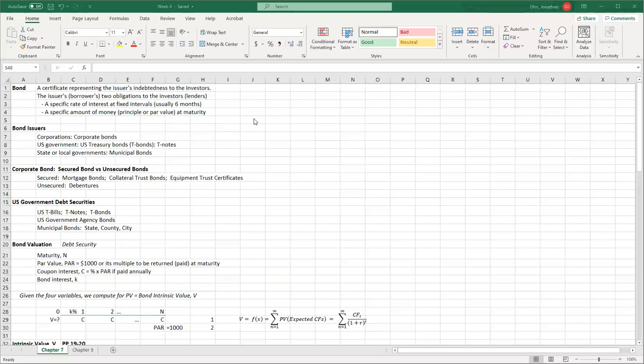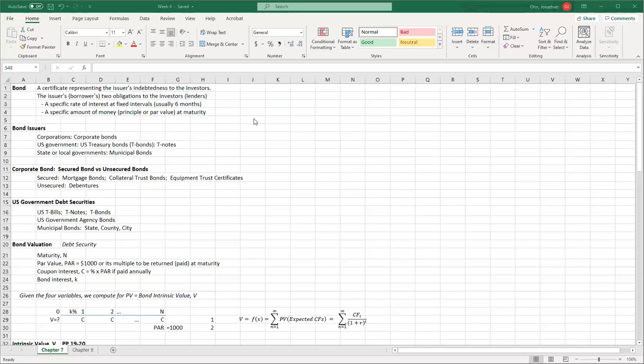U.S. government debt securities come in three types depending on maturity. Short-term maturity, less than 1 year, is called U.S. T-bills. Intermediate term, between 1 year and 10 years, is called Treasury notes.